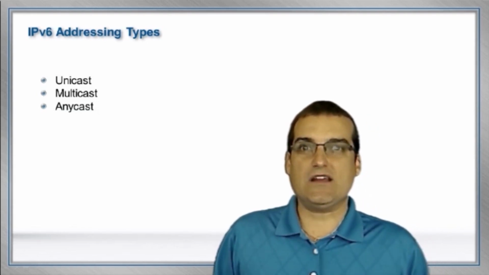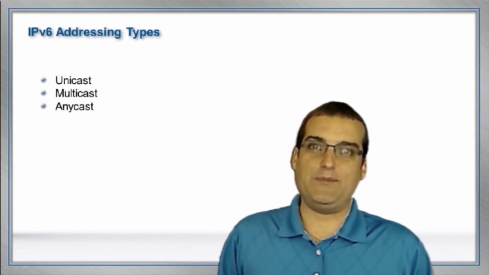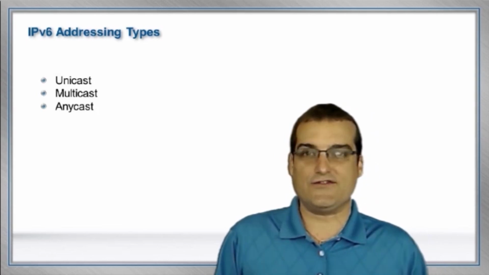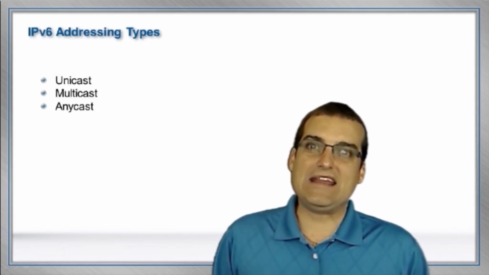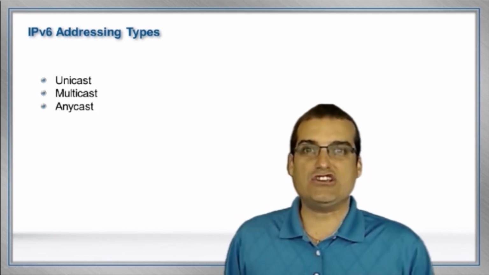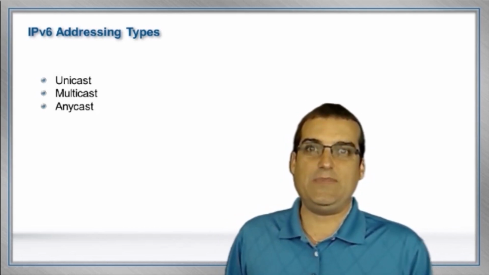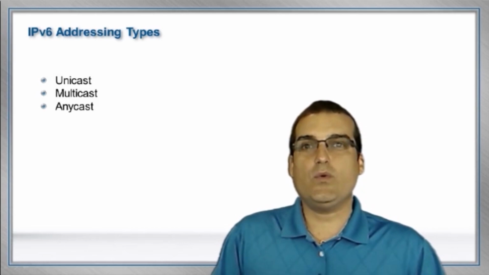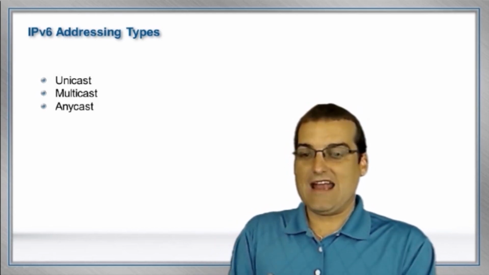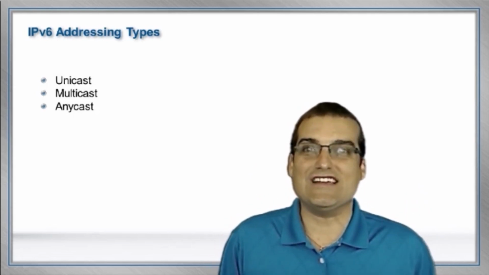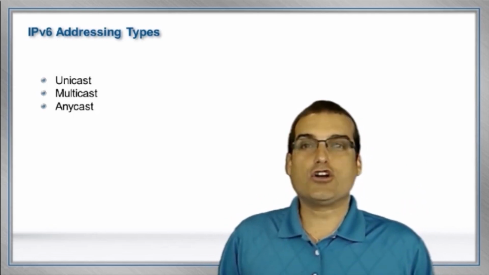IPv6 fully implements something that was experimented with in IPv4 in addition to the two classic forms, and it's called Anycast. What's so neat about Anycast is the workstations will have the exact same IPv6 address, and we will send to that address, and whoever is closest will respond.